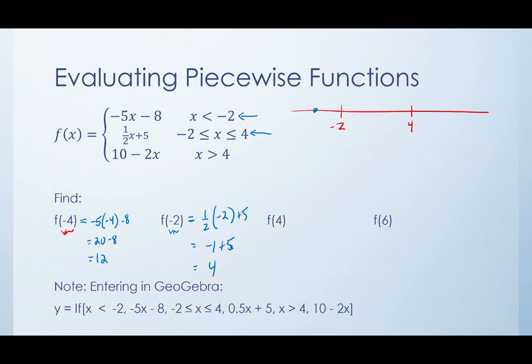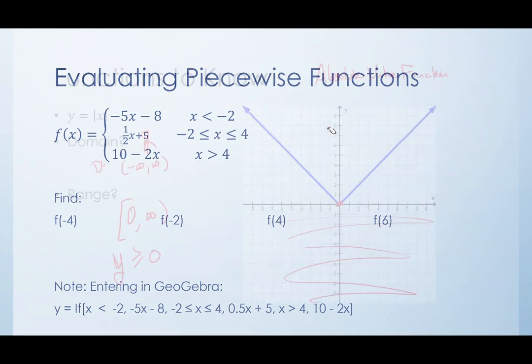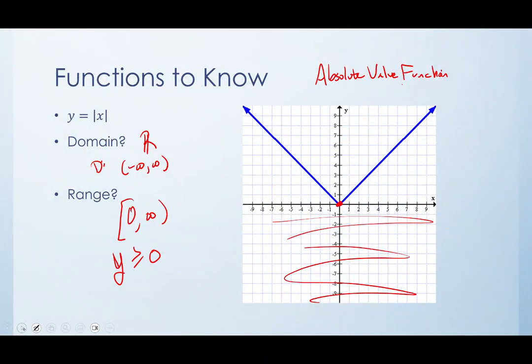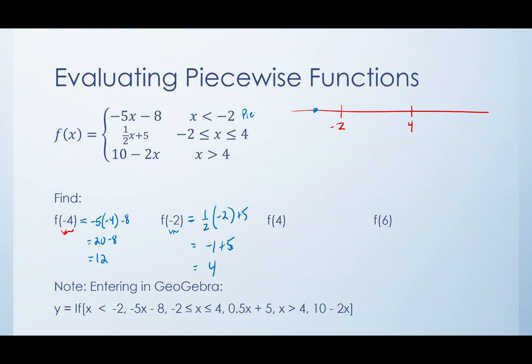So like the next one, we could say, hey, this is piece 1, piece 2, can't spell, piece 3. So this one, our -4 falls in piece 1, right? Our -2 falls in piece 2. Our 4 also falls in piece 2 because 4 is less than or equal to 4.